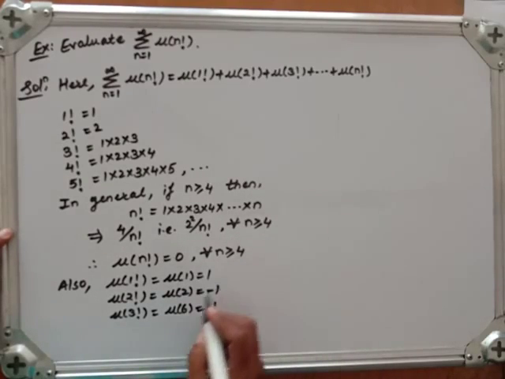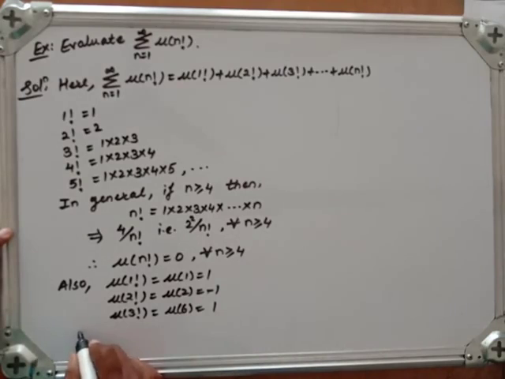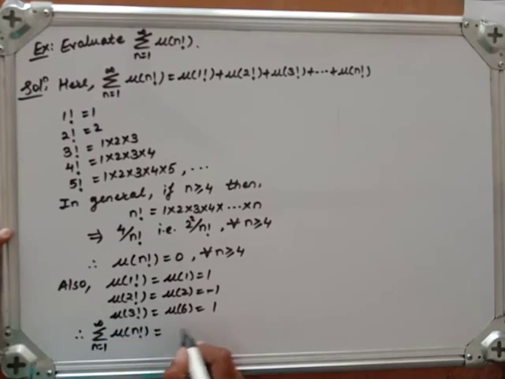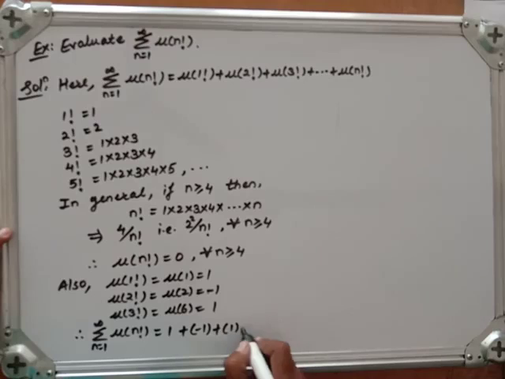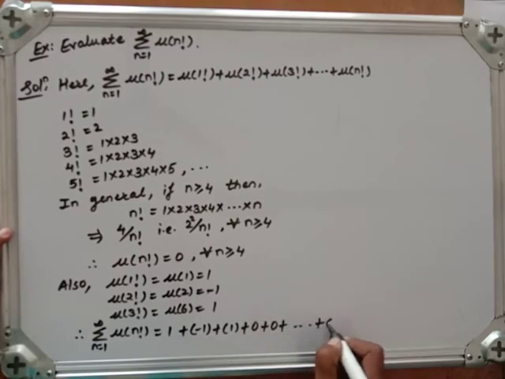Okay. Therefore, summation mu of n factorial, n goes from 1 to infinity, is equal to 1 plus -1 plus 1 plus 0 plus 0 plus so on. These are all 0.